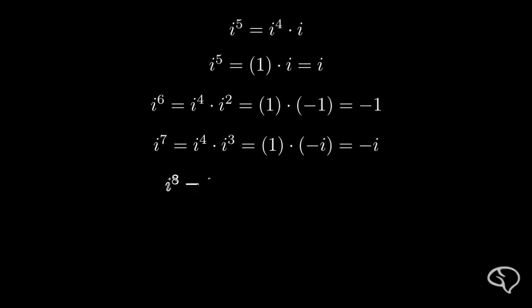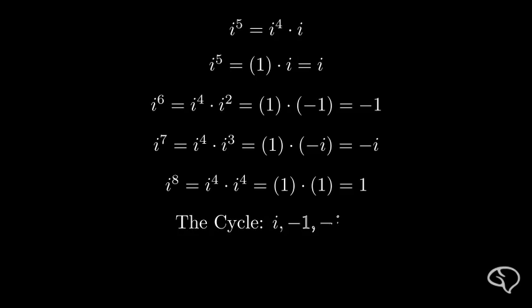Finally, i to the 8th is i to the 4th times i to the 4th. That's 1 times 1, which is 1. This is the same as i to the 4th. We have confirmed that the pattern of powers of i repeats every 4 terms. The sequence is i, -1, -i, 1, and then it starts all over again. This 4-term cycle is the key to solving any power of i.